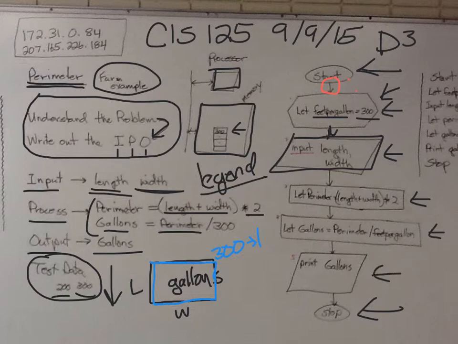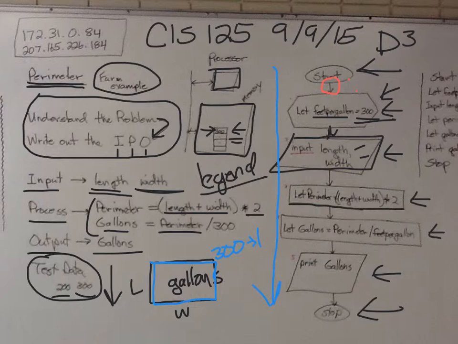And so this is going to be just a sequence problem. One step after another, and then later on we'll talk about repeating it. So we input the length and the width. We have our 300 stored here from this line. Then we got an input, length and width. Then we calculate here.